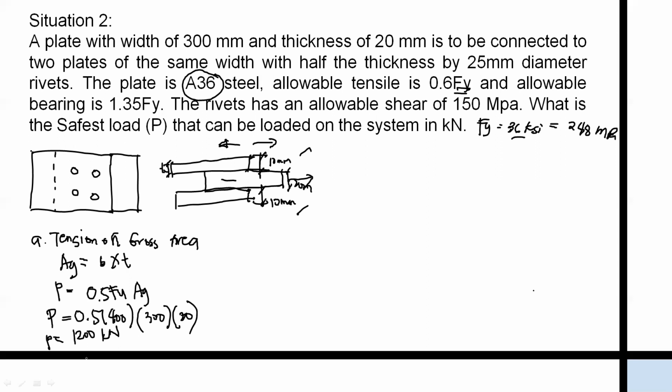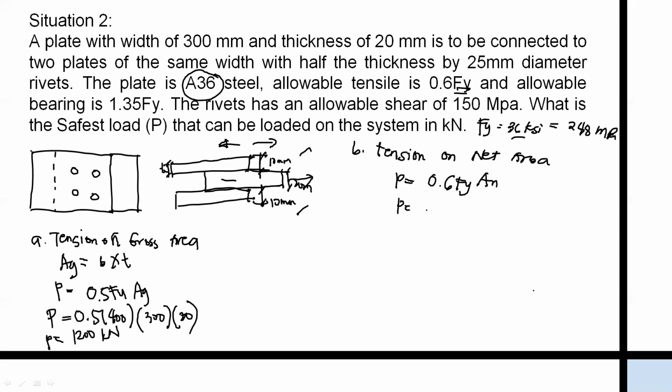Okay, how about tension on net area? Okay, the tension for net area, so we will consider this as P. And sabi niya, the allowable tensile is 0.6 of Fy multiplied to the effective net area of the plate.